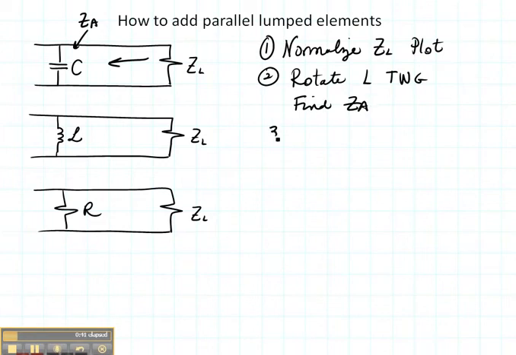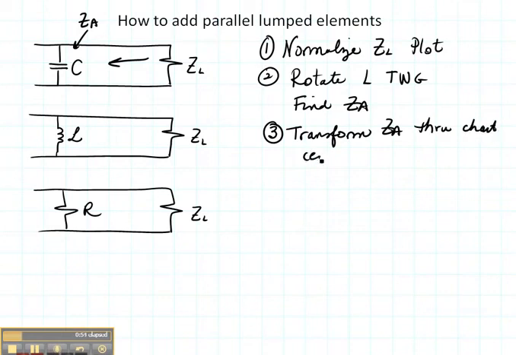to be using. The next thing that we're going to do is transform ZA through the center of the Smith chart, through the chart center, to YA. So we're going to find the admittance, and this is still normalized, and we need to find the admittance in mhos.